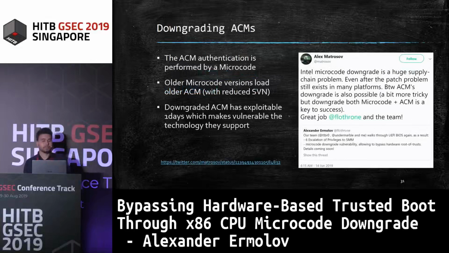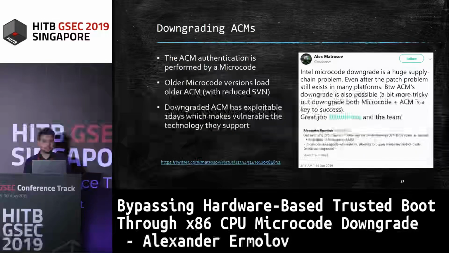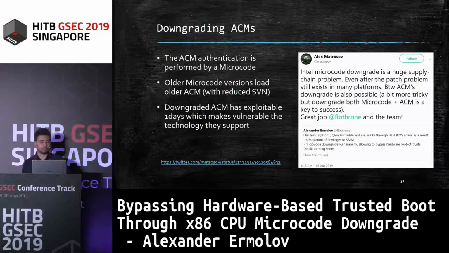The most interesting thing I've discovered is that the ACMs could also be downgraded via the microcode downgrade. The reason they can be downgraded is that the old microcode allows to load old ACMs with a downgraded, reduced security version number.